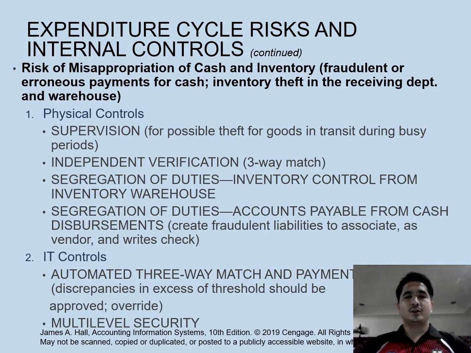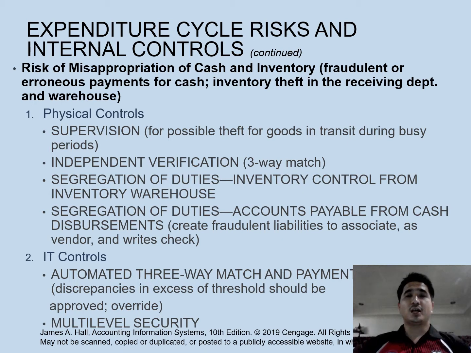The next risk in the expenditure cycle is the risk of misappropriation of cash and inventory. Basically, this is the risk of theft of inventory and theft of cash, or other schemes to get cash. For erroneous payments, it's probable that you pay a higher or lower amount, or you pay for goods not ordered or received.